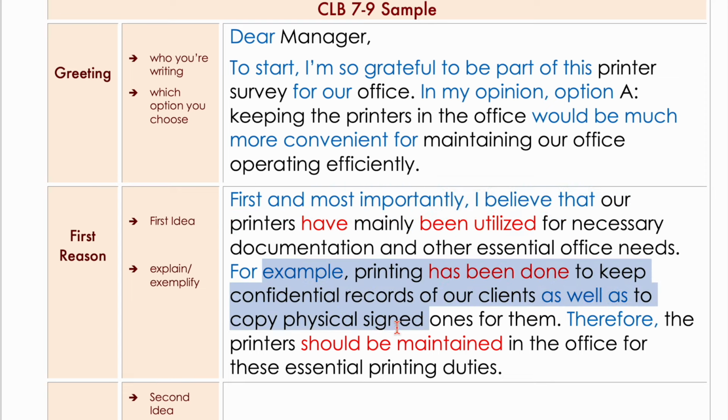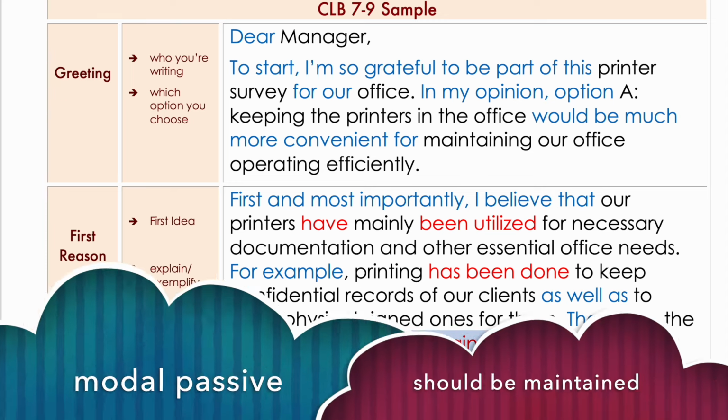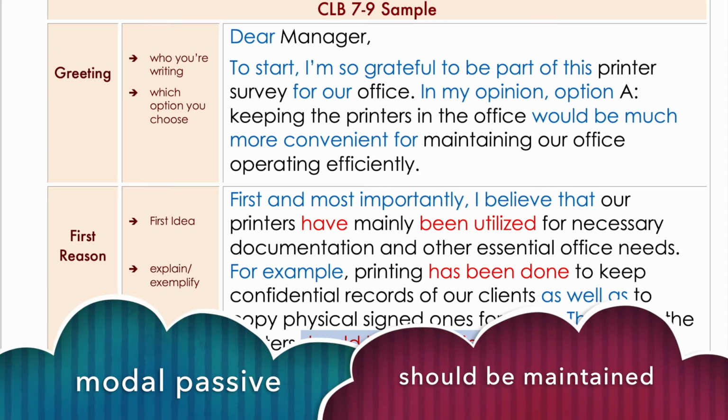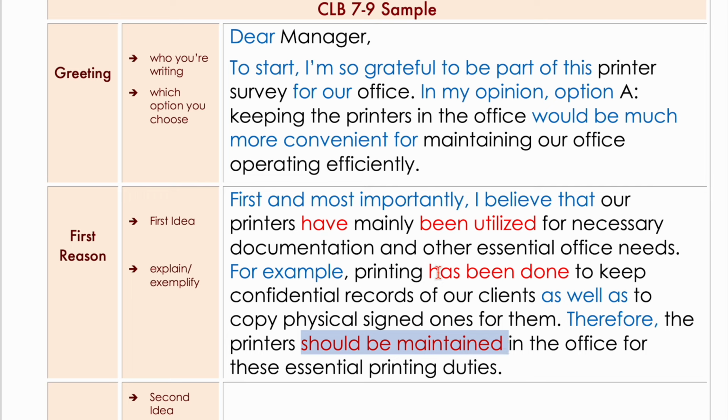We gave the example, and then we strengthened or made stronger our point, saying the printers should be maintained. Okay? Again, also here, this is modal passive. So we used passive in all forms. In perfect, okay, perfect, and in modal passive.